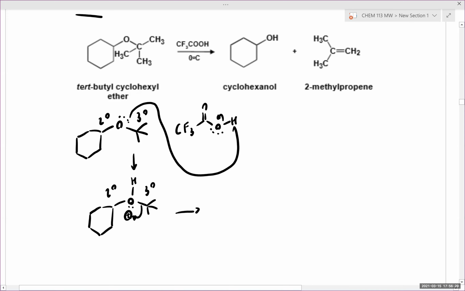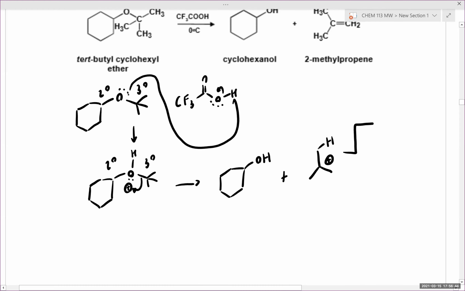So in our first step, our leaving group leaves, so we get our secondary alcohol with no issues. And then from there, when we have a tertiary carbocation, there are two main options. The first is that our tertiary carbocation is just attacked by water or another nucleophile, and that generates a highly substituted alcohol.